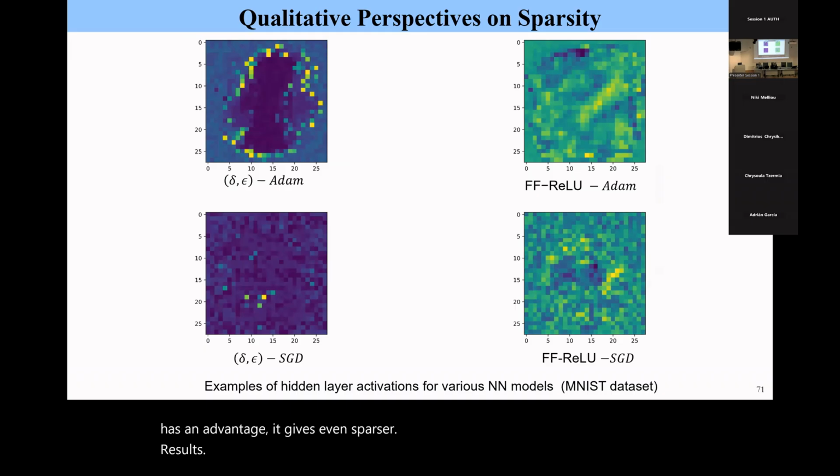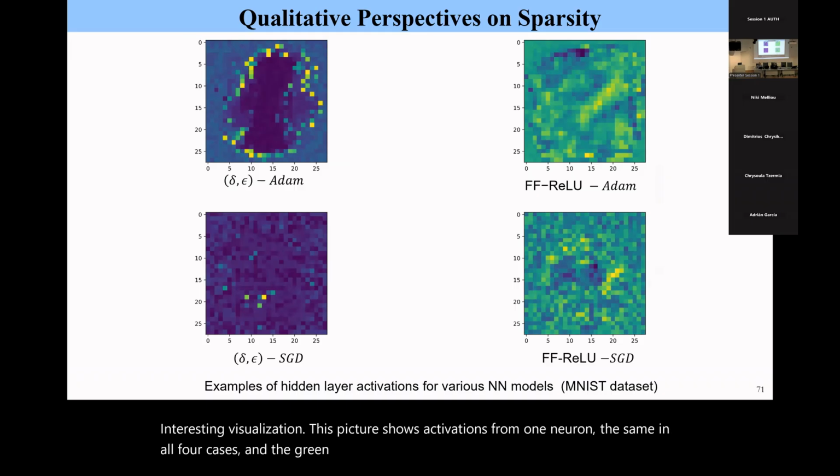results. An interesting visualization: this picture shows activations from one neuron, the same in all 4 cases. The green-yellow colors show high values, the blue colors show low values.